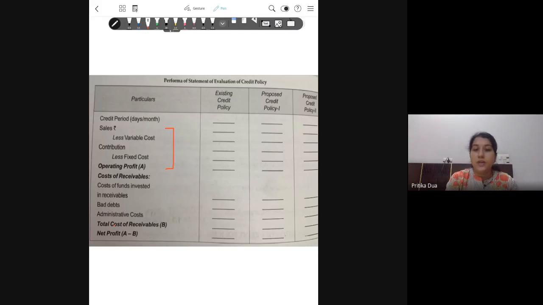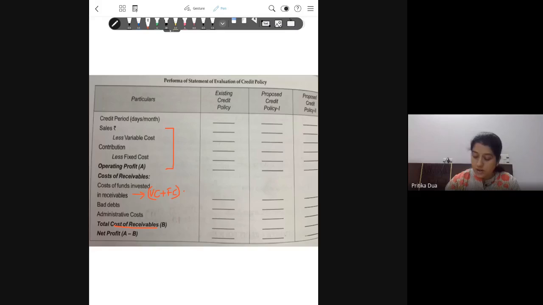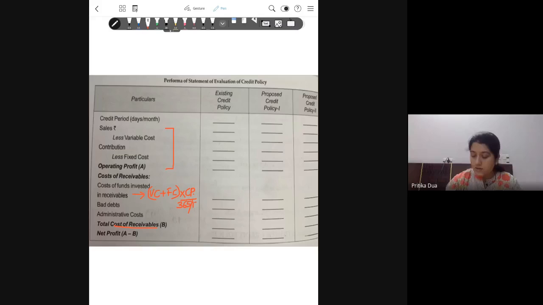So you are earning profit, you are making credit sales, now what cost do you incur on the credit sales? First element under this is cost of funds invested, bad debts, then administrative cost. Cost of funds invested is variable cost plus fixed cost into credit period. So if it is in days, divide by 365, and if it is in months, divide by 12.